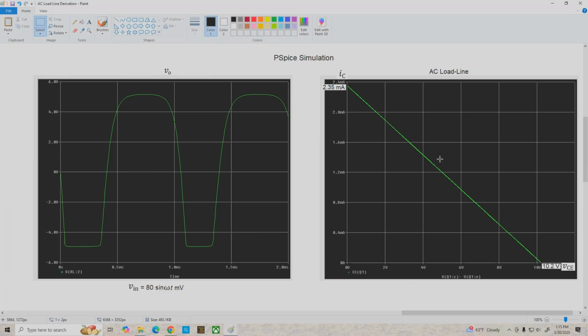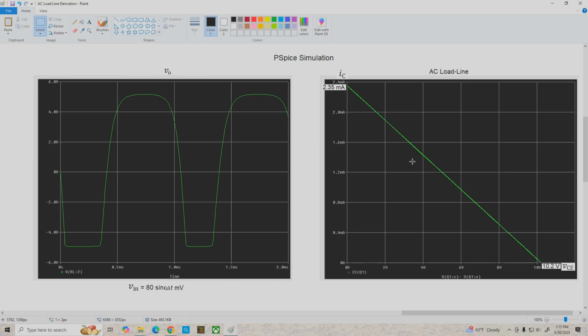Now, if we take a really close look at this load line, we'll see that it's not really a line at all, but rather it's an ellipse that's kind of squashed and stretched out here. And what's going on is the capacitors are not perfect short circuits at this frequency, so we're seeing a little bit of that effect coming into play here.